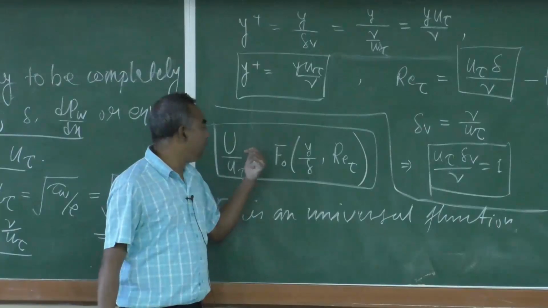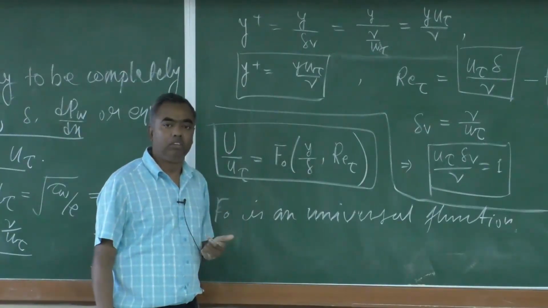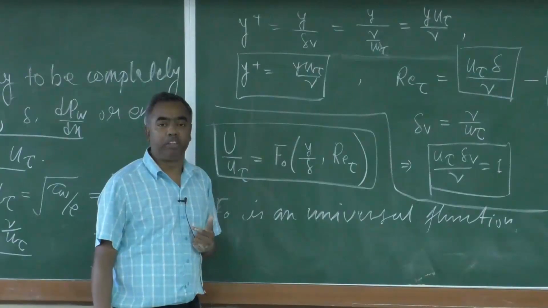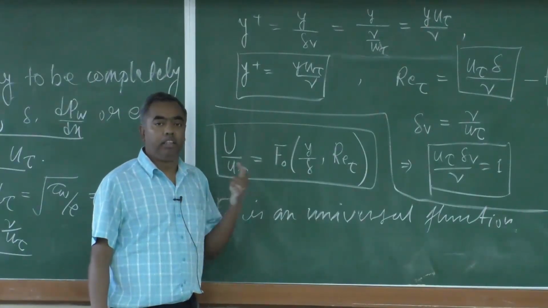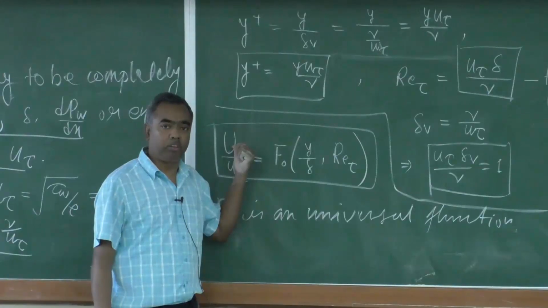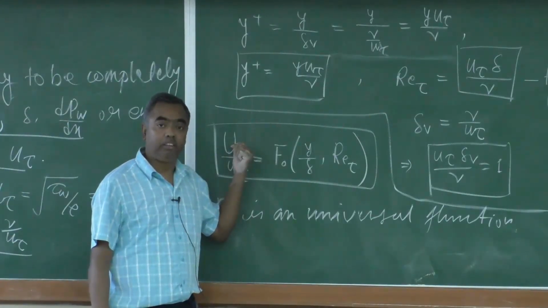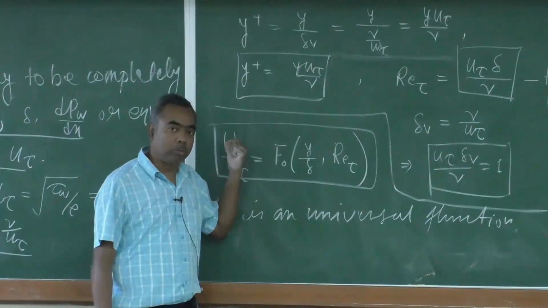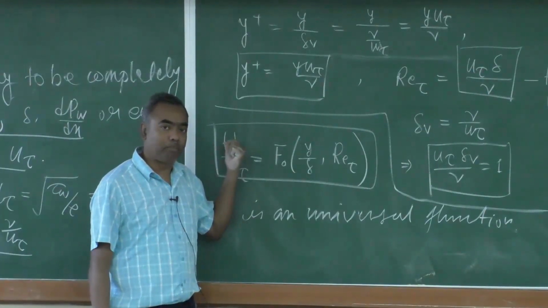But instead of the mean velocity in the channel flow, very often the gradient of the mean velocity is very important, because, for example, the production depends on the gradient of the mean velocity. Similarly, the shear stress close to the wall depends on the gradient of the mean velocity.